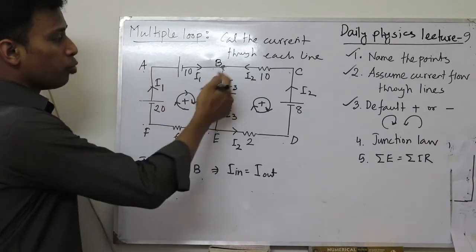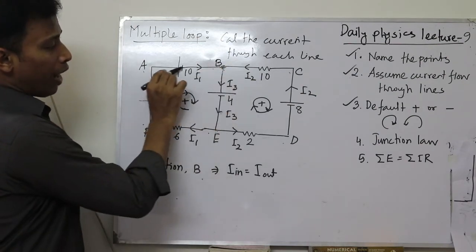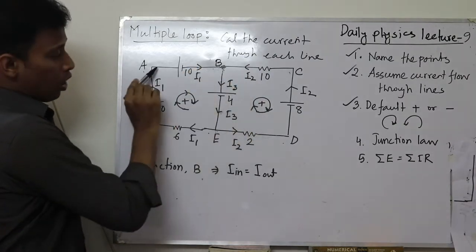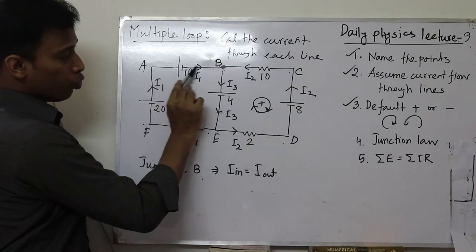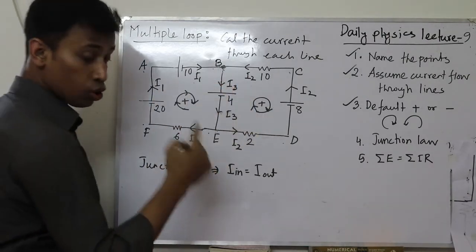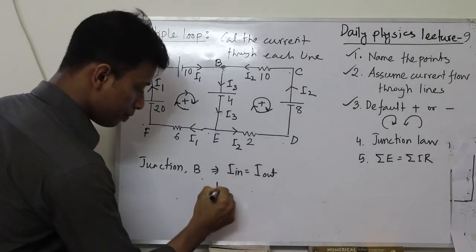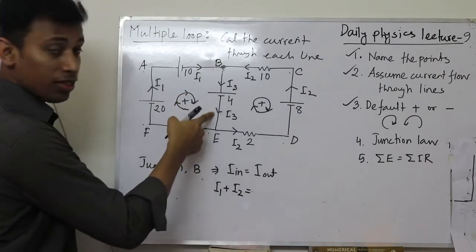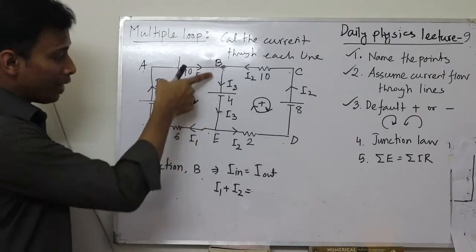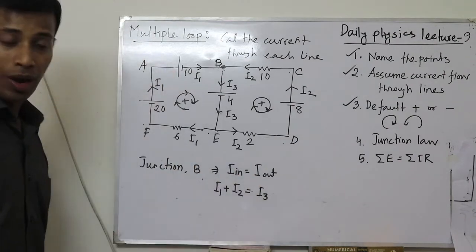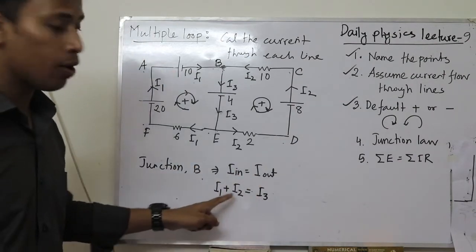So how many currents are moving in here? Look, I1 is moving in and I2 is moving in. So 2 currents are moving in. And I3 is moving out through this BE line. So total out is 1. So basically I3 is I1 plus I2.